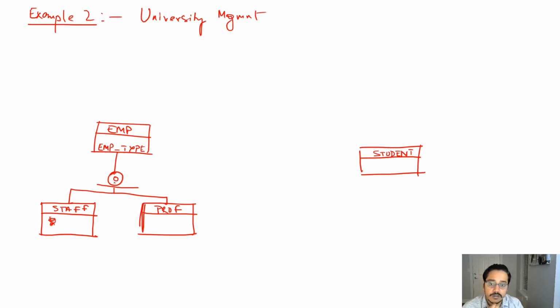So now we can note by looking at student and employee, we again have a set of common identifiers. So we have IDs, we have name, and we have address within student as well.